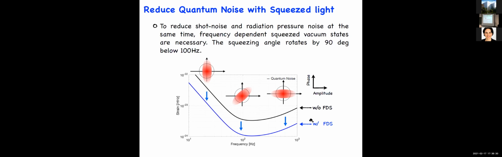When we inject the frequency dependent squeezing into the detector, the sensitivity curve will be reduced to this blue curve, you can see here. Later, I will explain how to generate frequency-dependent squeezing.